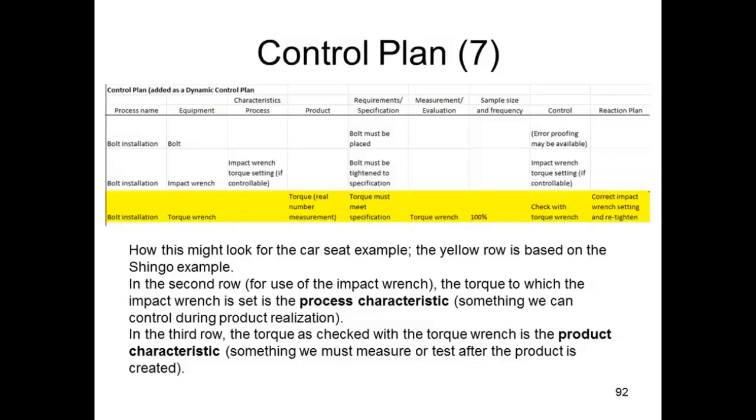So if the impact wrench isn't delivering the correct torque, and notice that was in the previous step, the second line, the process characteristic is the impact wrench torque setting, and it must tighten the bolt to specification. So if that's not happening, then the reaction plan would be to readjust the impact wrench.